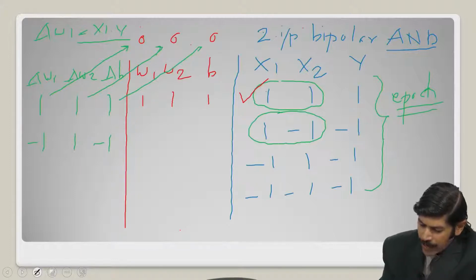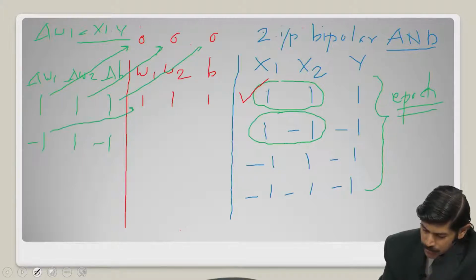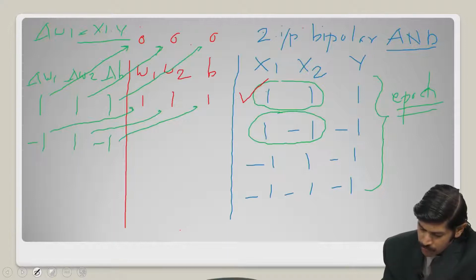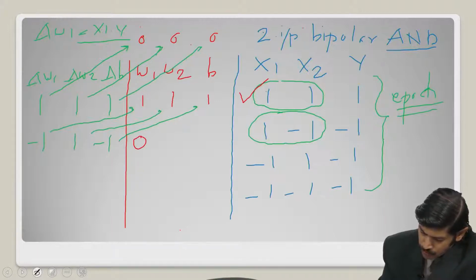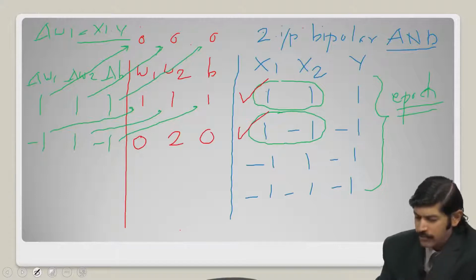And once again we will add these into the old values to be able to generate the new values. So when I add these values, it will give me the new values, and that is going to be equal to 0 and then 2 and then a 0 once again, and then I can say we are done with exemplar number 2.